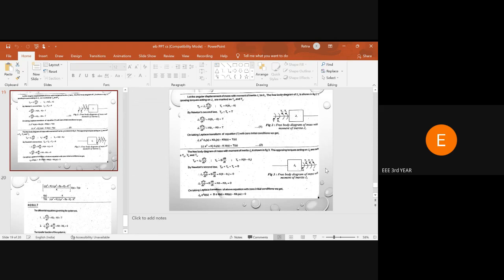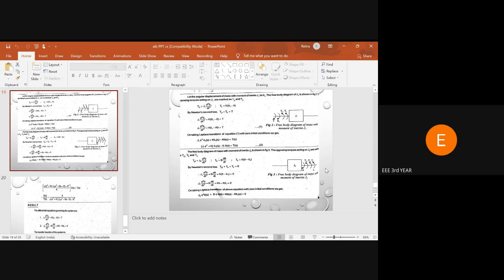Substituting these into the Newton second law equation, we get J2 into d square theta divided by dt square plus b into d theta divided by dt plus k into theta minus theta 1 equals 0.